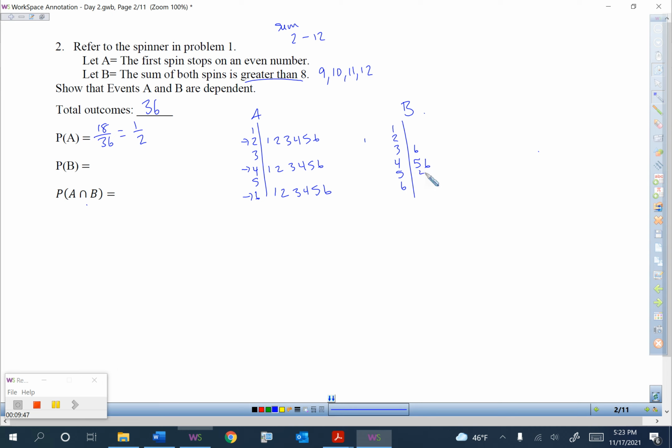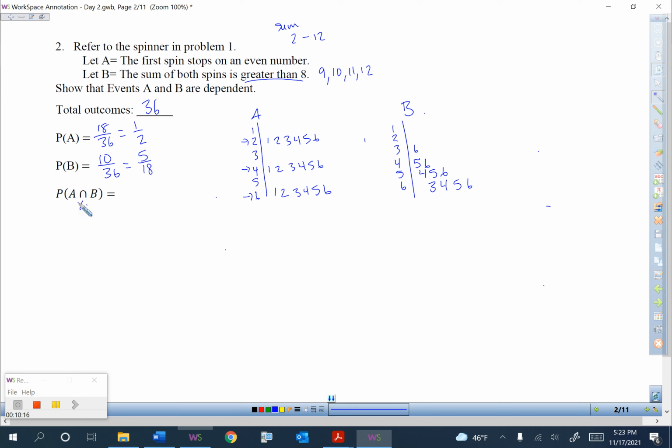And then 5 could go with 4, 5 or 6 to get a sum of 9, 10, or 11. And then 3, 4, 5, and 6 for the last one to get 9, 10, 11, and 12. So I've got 1, 2, 3, 4, 5, 6, 7, 8, 9, 10 for this one out of 36, so 5 over 18.